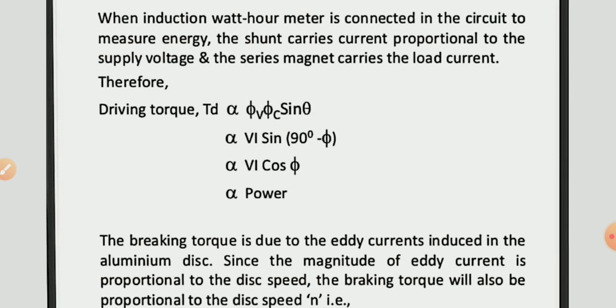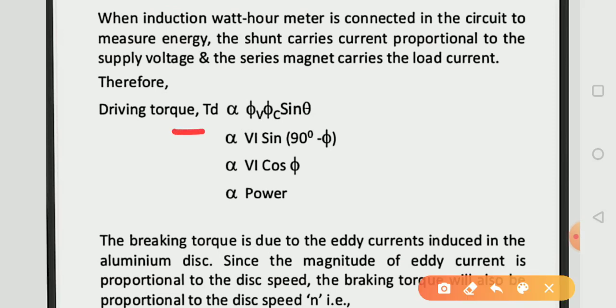Here we can see that when the induction watt hour meter is connected in the circuit to measure energy, the shunt magnet carries current which is proportional to the supply voltage, and the series magnet carries current which is proportional to the load current. So the driving torque is proportional to phi v into phi c into sine theta.